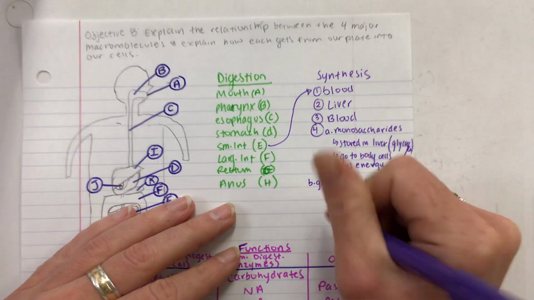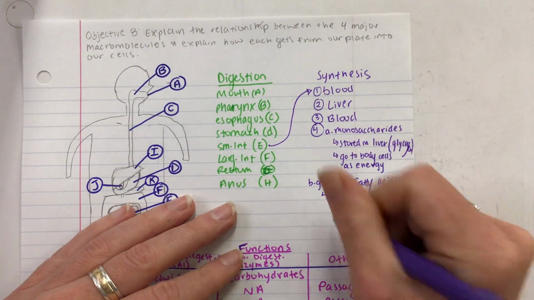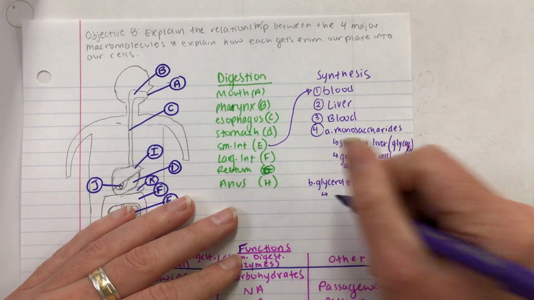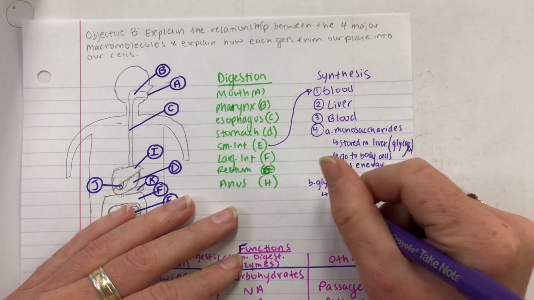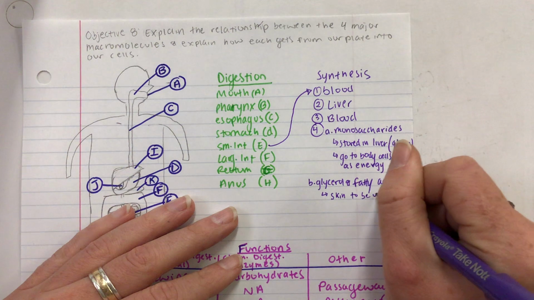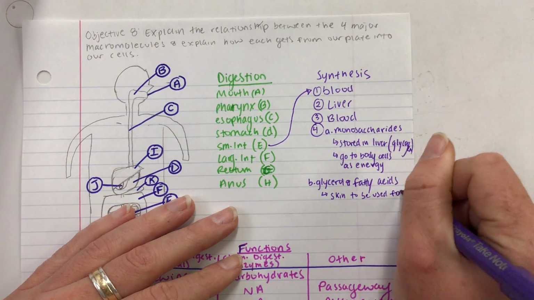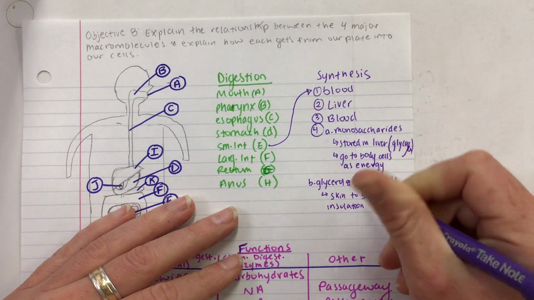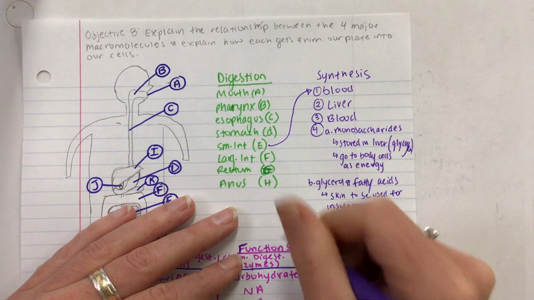Okay, one place it could go is it could go to the skin to be used for insulation. These are lipids, right? The building blocks of lipids.